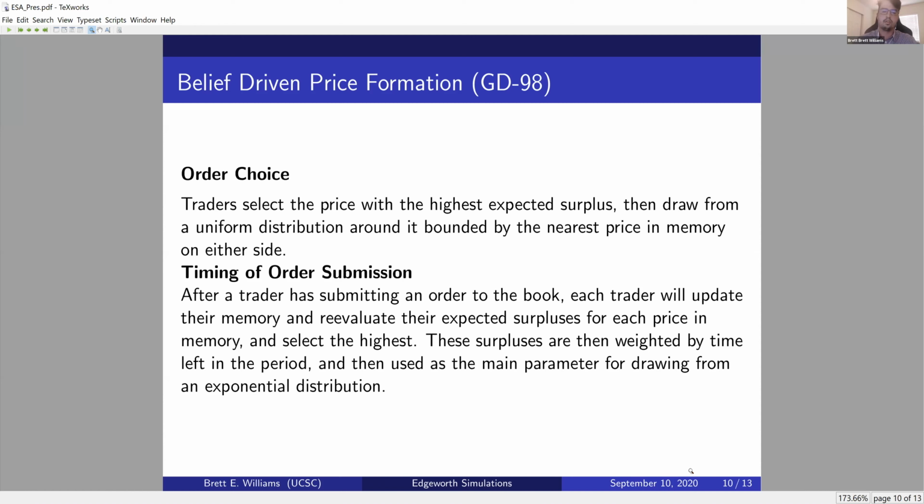These surpluses are then weighted by how much time is left in the period, to either slow them or make them try to get into the market faster. The person with the least amount of time they're willing to wait enters the market next.